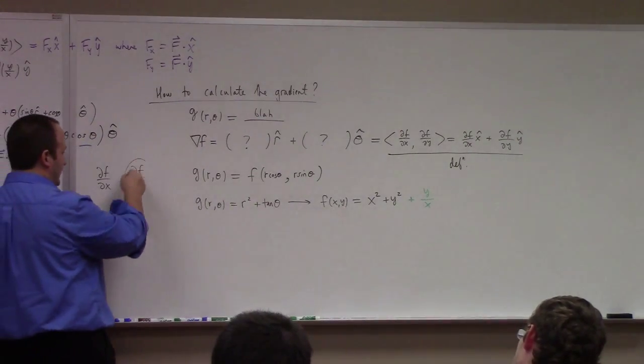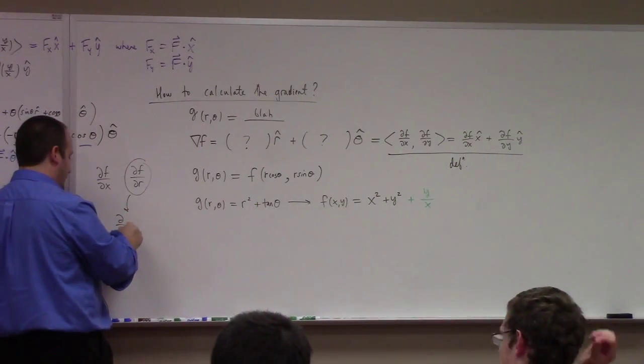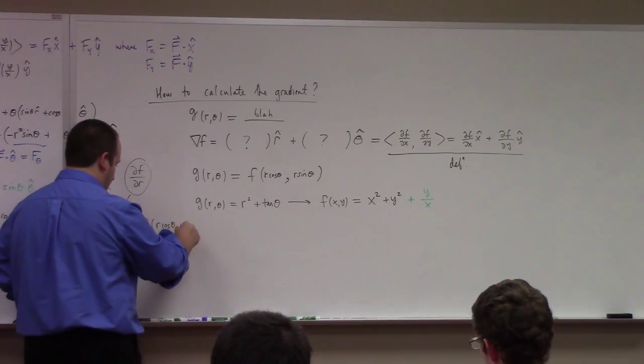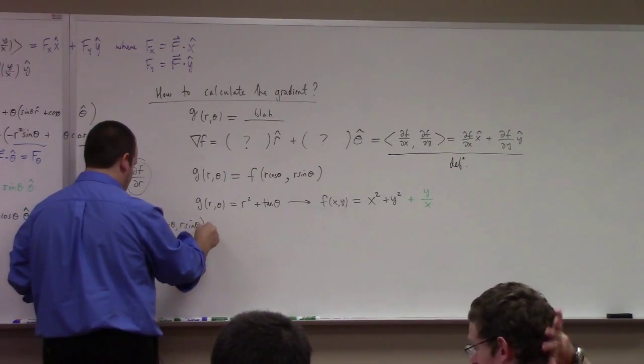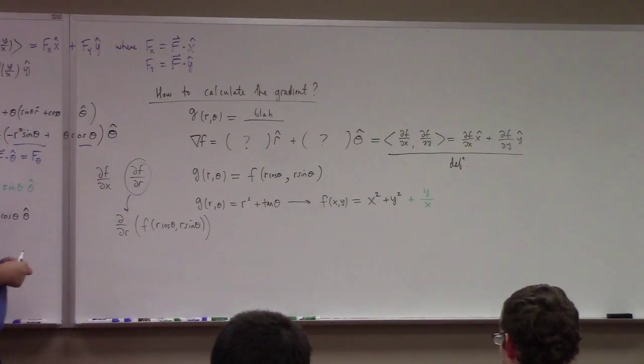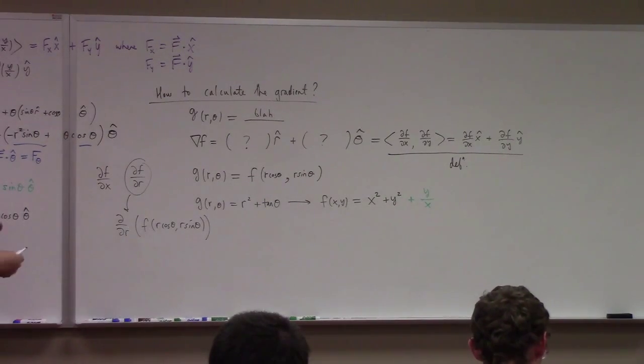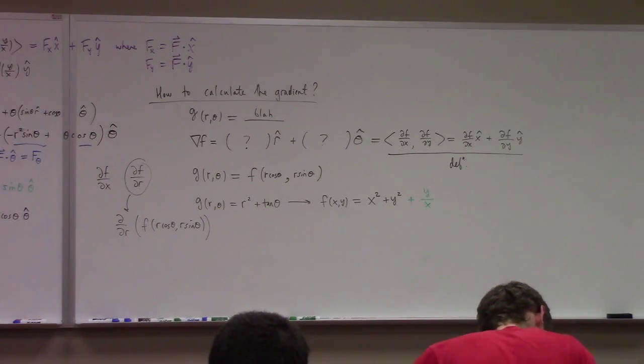So when you see partial f, partial r, what that's actually saying is partial r of f of r cosine theta, r sine theta. It means what it has to mean. But at the same point, it's kind of an abusive language in some sense because they're not the same function, right? As much as they are philosophically the same function.